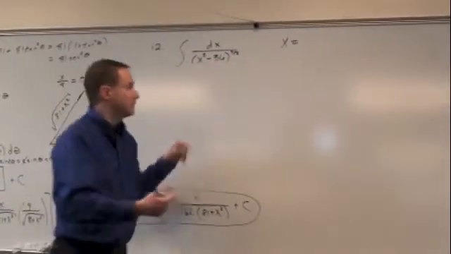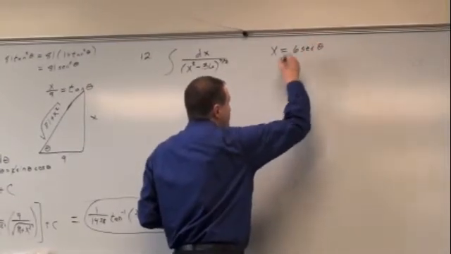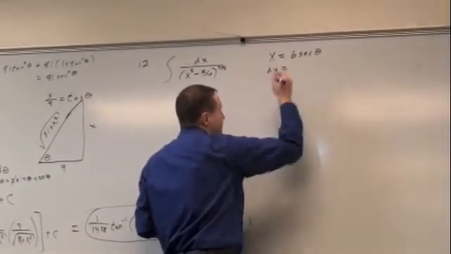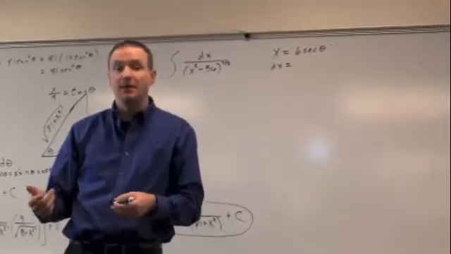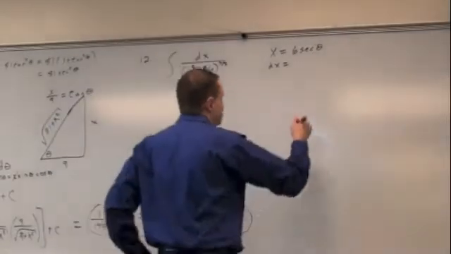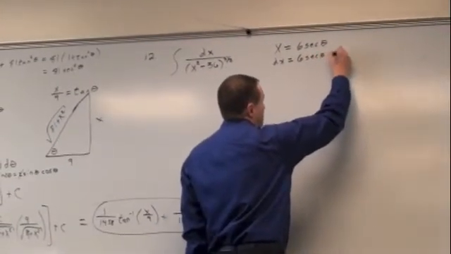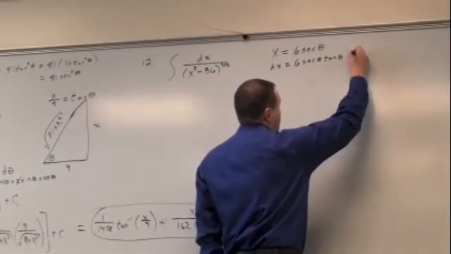So a is 6. 6 secant theta, which tells you dx, derivative of 6 secant theta, is going to be 6 times secant theta tangent theta d theta.